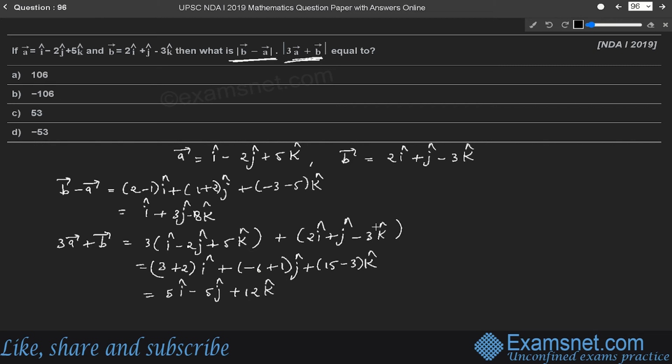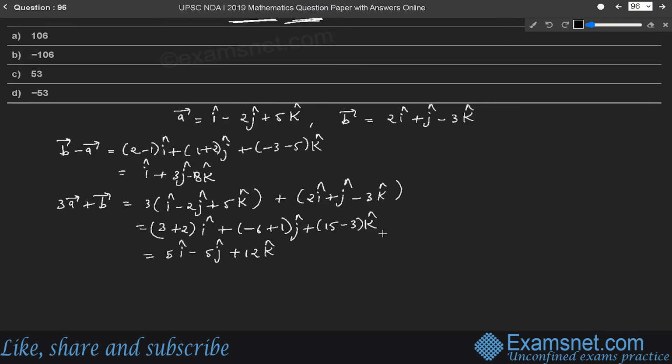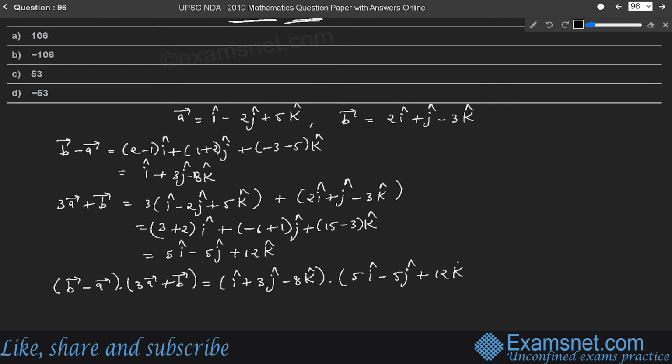Now in the question we have to find the dot product of both these terms. So B vector minus A vector dot product 3A vector plus B vector will be equal to i cap plus 3j cap minus 8k cap dot product 5i cap minus 5j cap plus 12k cap.